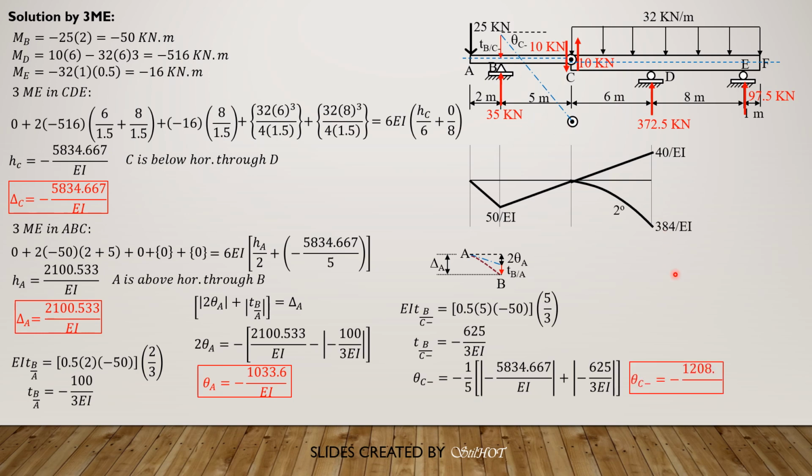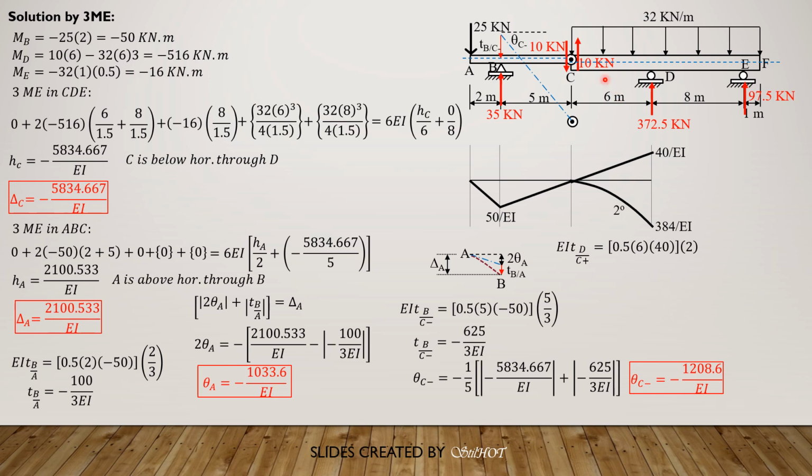So that's theta C, also theta C left. So theta C left is negative 1 over 5 of the absolute value of delta C plus the absolute value of the deviation of B relative to C. So theta C is equal to negative 1208.6 over EI, just like the answer before.